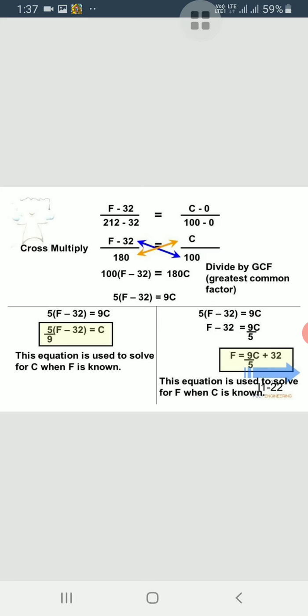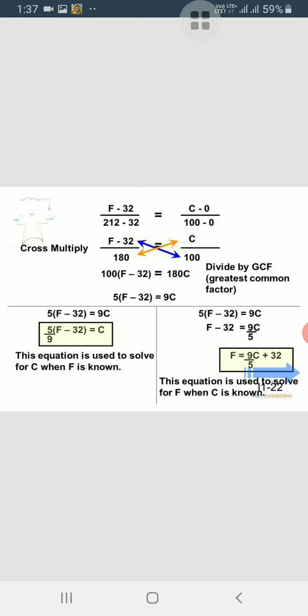Here we will move the 5 to the other side, and we get F minus 32 equals 9 by 5 into C. You know, in the first equation 5 is multiplied, and when we change its position to the other side, it gets divided. So from here we get F equals 9 by 5 C plus 32.